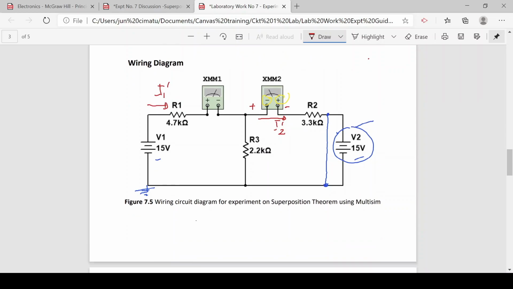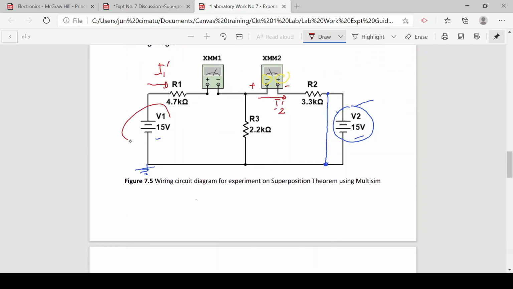So what you will do now is to deactivate the voltage source B1 and return the voltage source B2. Remove the short circuit, return the 15 volts. After removing B sub 1, connect the open terminals to complete the circuit.